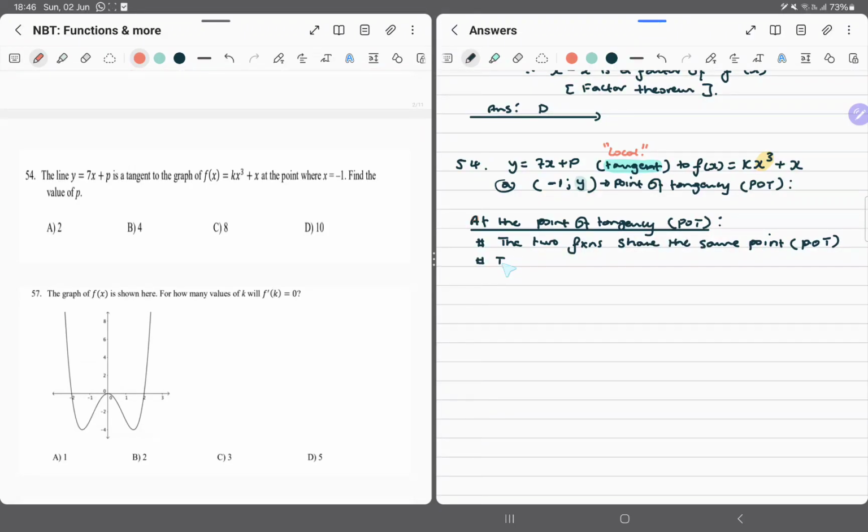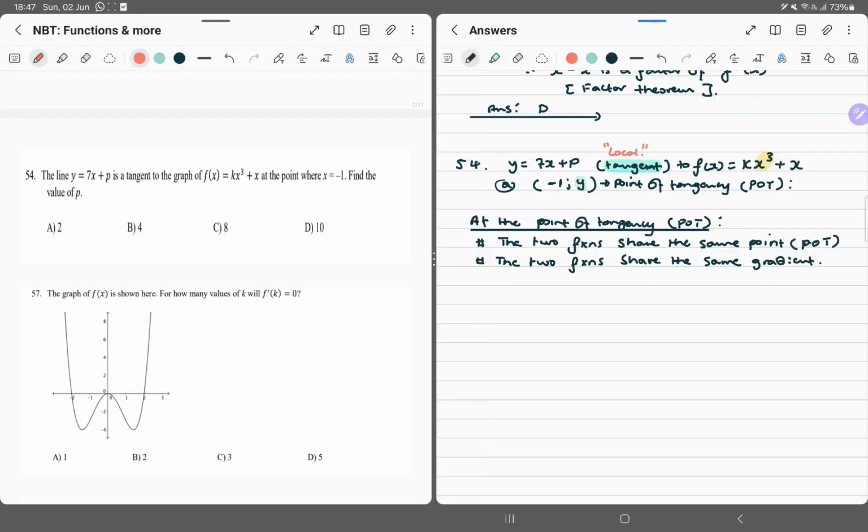At the same time, we know that the two functions also share the same gradient.